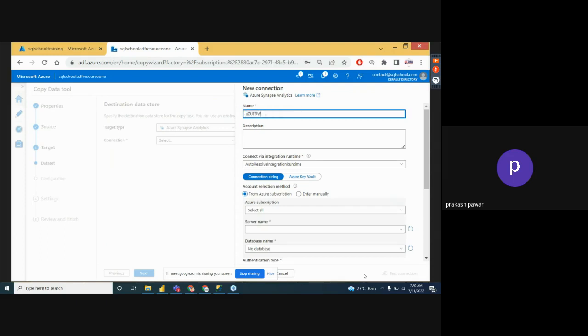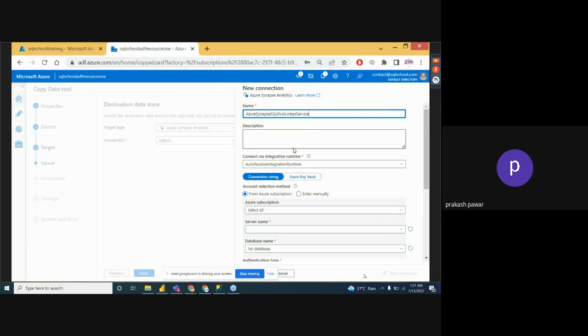I'll say Azure Synapse SQL pool linked service. Give some name. We are going to reuse this connection throughout our classes. Give some meaningful name.